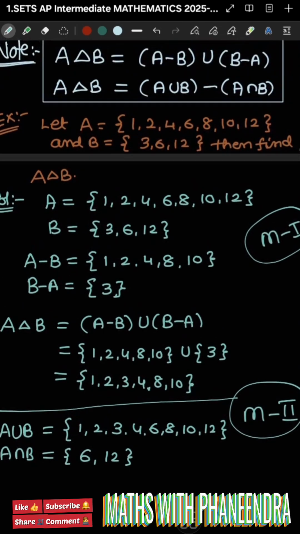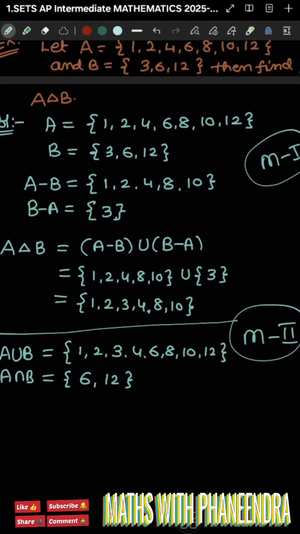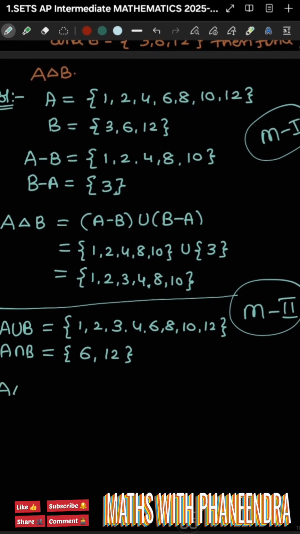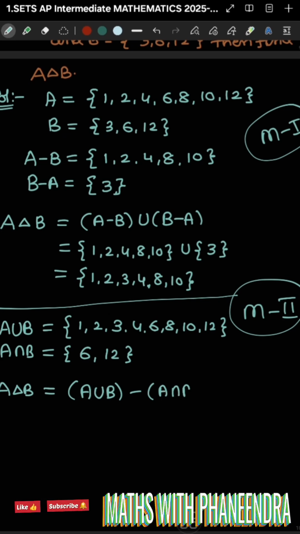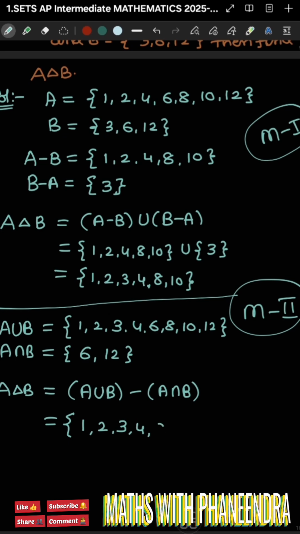So A delta B, second definition, A union B minus A intersection B. So A delta B equal to A union B minus A intersection B. From the elements of A union B, 1 is there, 2 is also there, 3, 4, 6 is there so we cannot write, 8, 10, that's all.